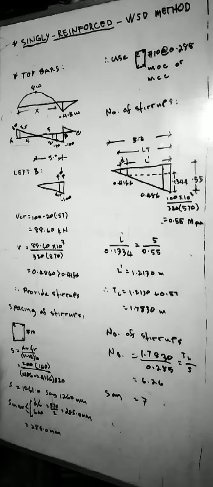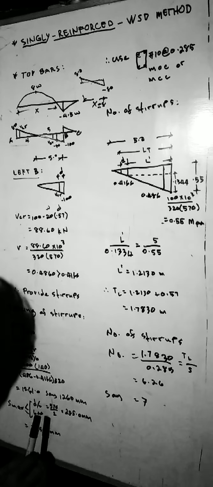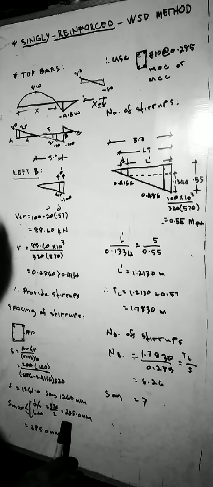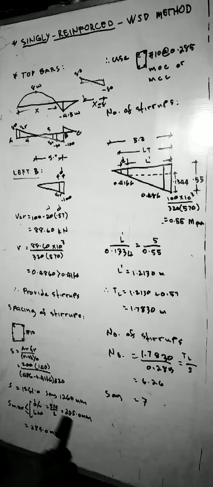We will compute the maximum spacing. Maximum spacing is less than or equal to d over 2, or 600. d is the depth of the section. 570 divided by 2 is 285 millimeter. So we adopt this one because the other is very big.